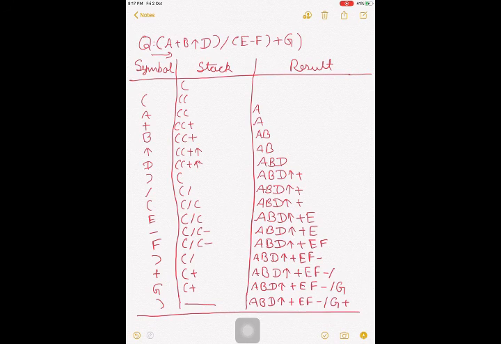We have converted the given infix expression to the postfix expression. Okay, clear? So using this approach, you can convert any infix expression to the postfix expression. And you must also know the advantage of using postfix expression, because you do not have to worry about the precedence of operators in postfix expressions.